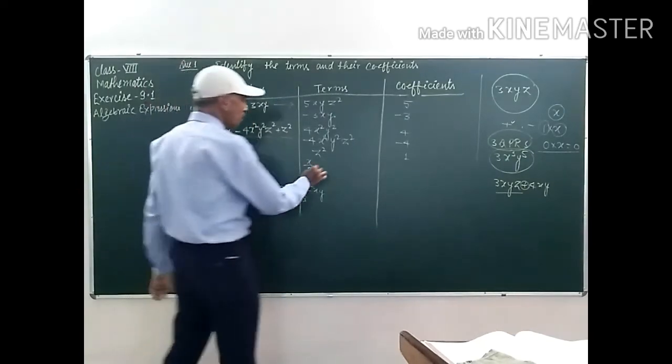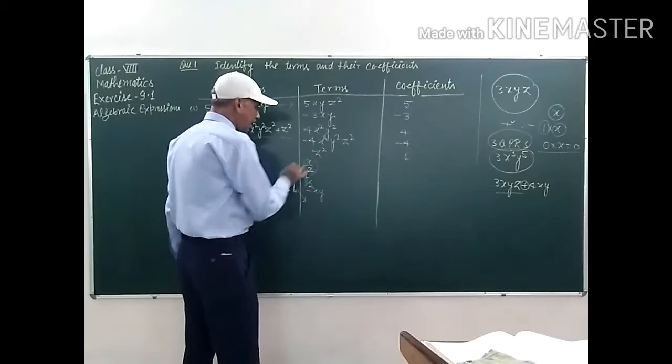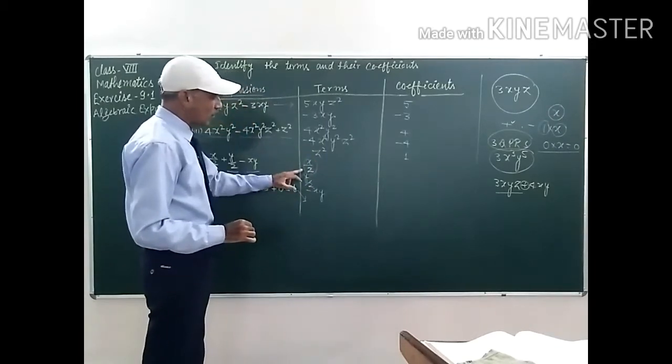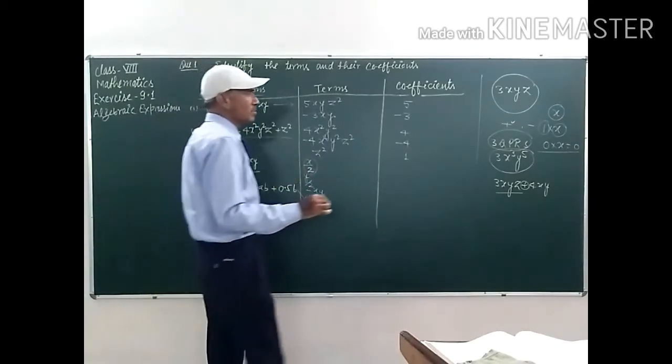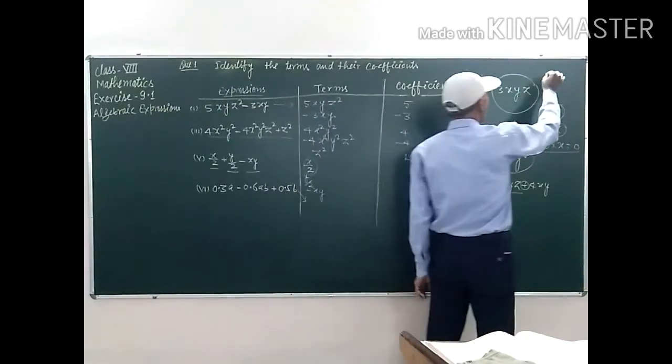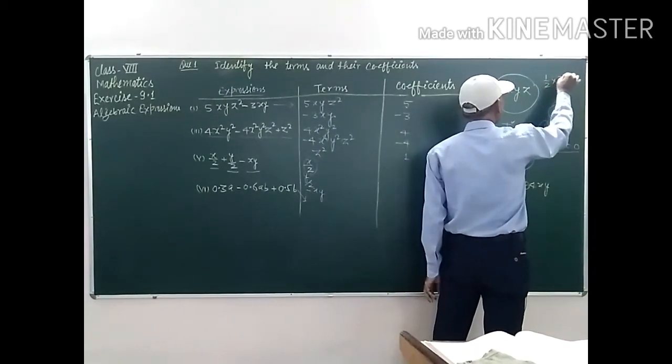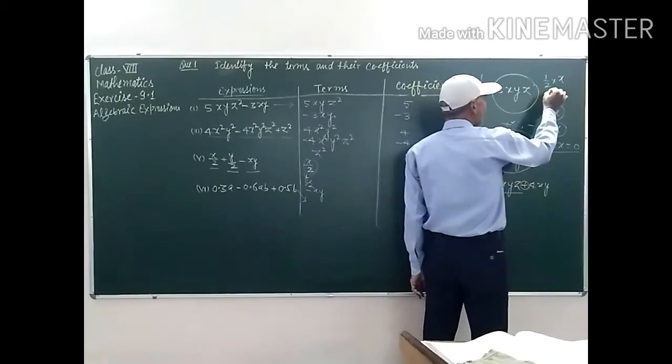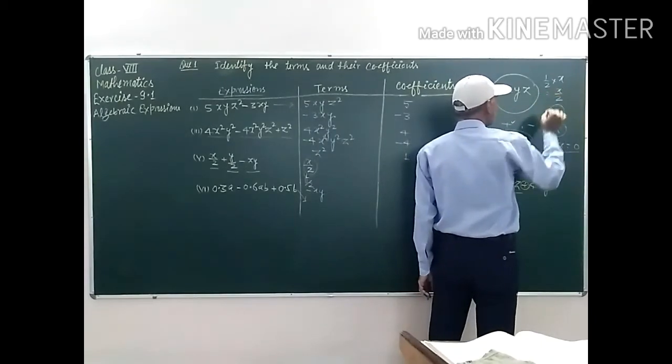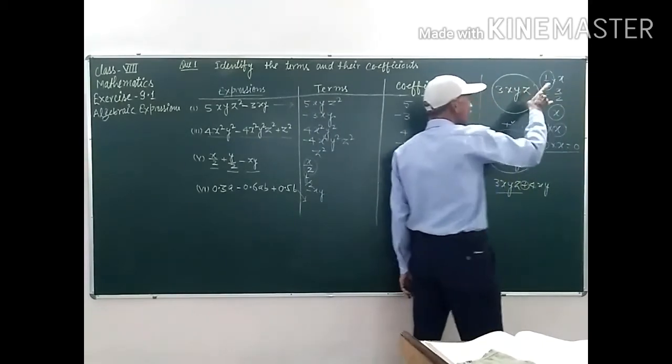Okay, students? So here x upon 2, x by 2, it means 1 by 2 into x. Clear? That is x by 2. So the numerical value is 1 by 2 here.